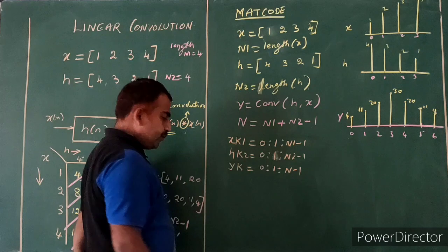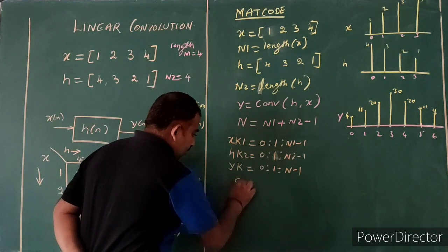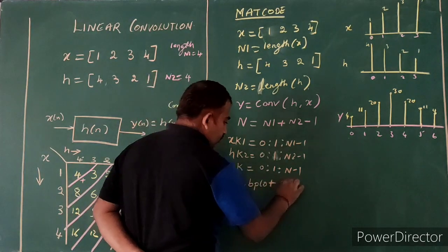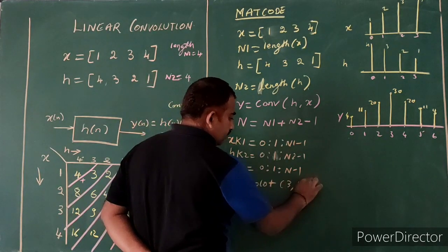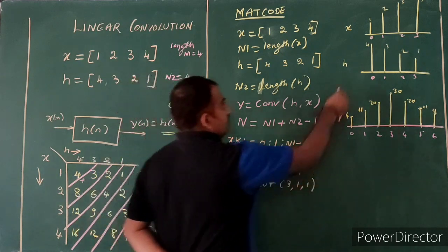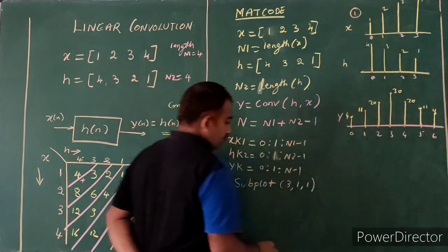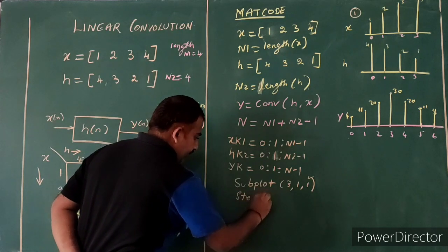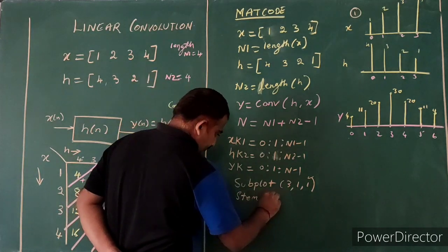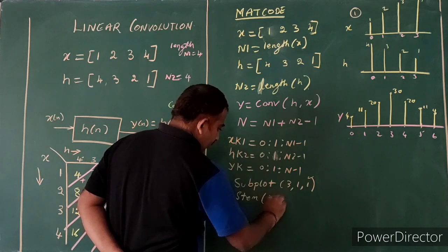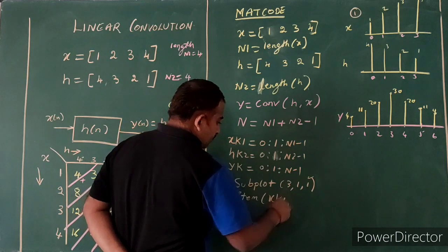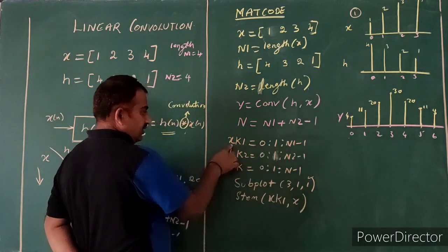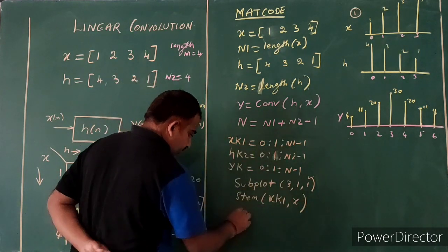Now let us represent that in terms of waveforms. 3 figures, subplot, 3 rows, 1 column, figure number 1. So this is figure number 1, that's why it is 1. So it is stem xk1 comma x, the xk1 index value comma x.